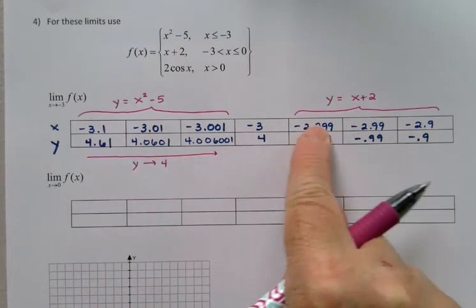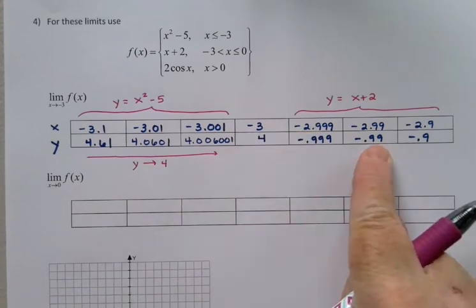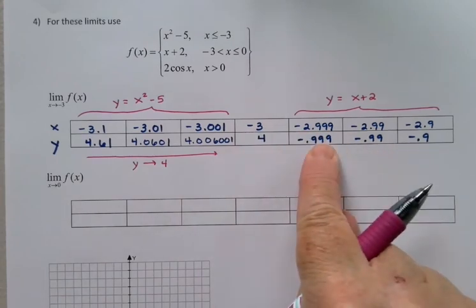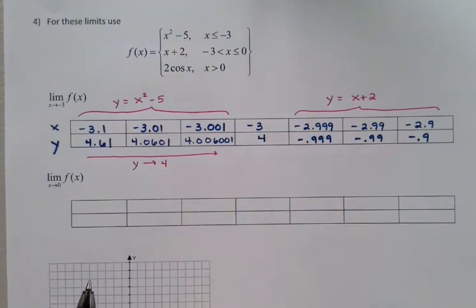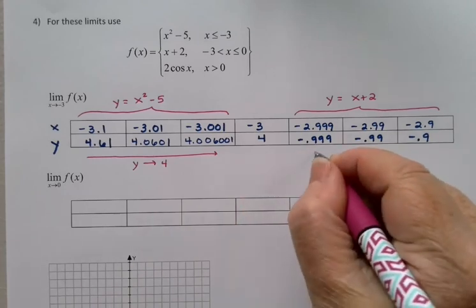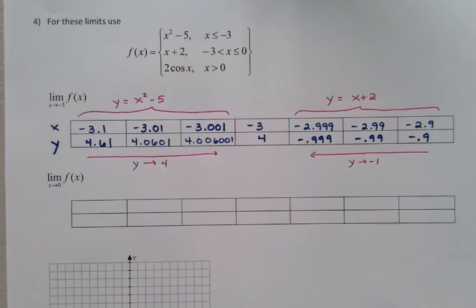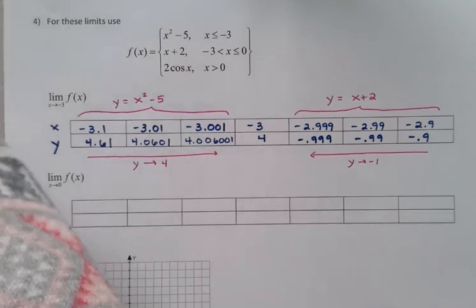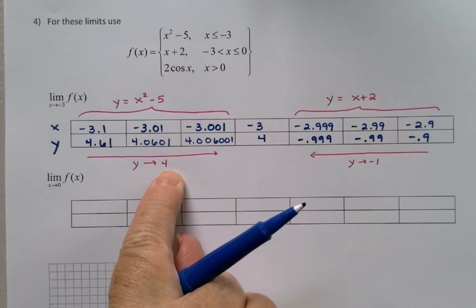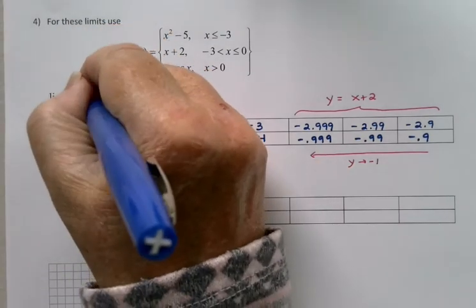Coming into -3 from the right, notice these y values seem to be getting closer and closer to -1. So our limit doesn't exist because coming in from the left and the right gives me 2 different values.